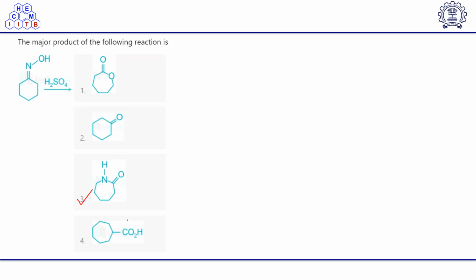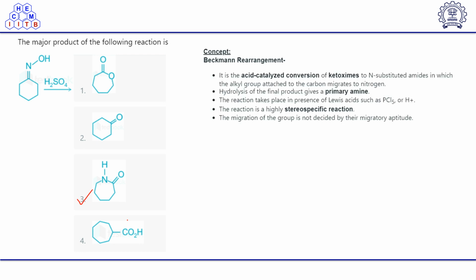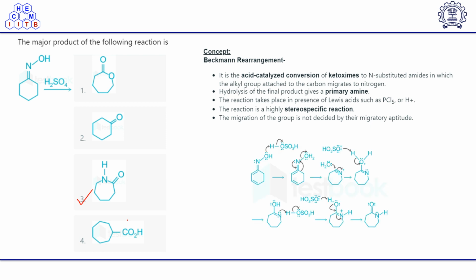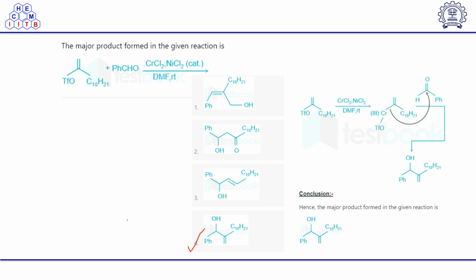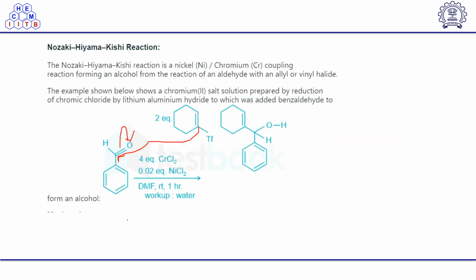Then this Beckmann rearrangement, that is, this ketoxime will be converted into amides, like a ring expansion kind of reaction, which is acid catalyzed as well. Then in the last we saw this Nozaki-Hiyama-Kishi reaction between aldehyde and allyl or vinyl halide, which is catalyzed by nickel or chromium.